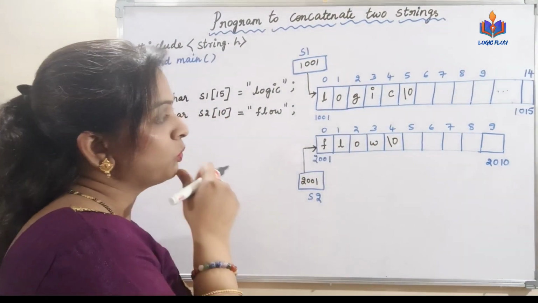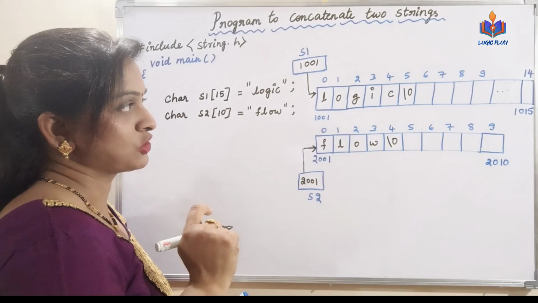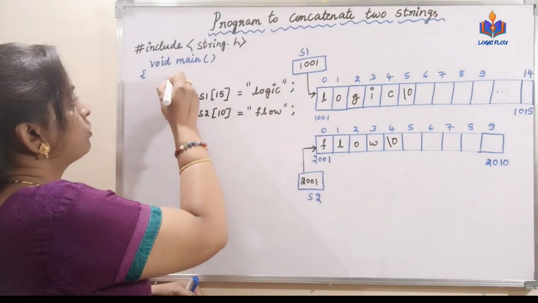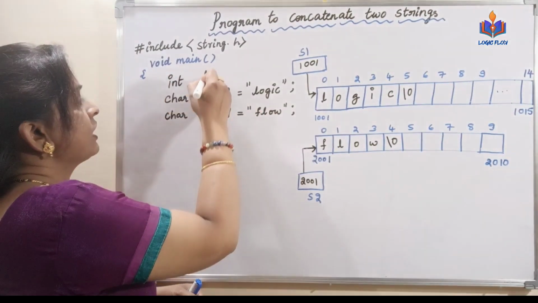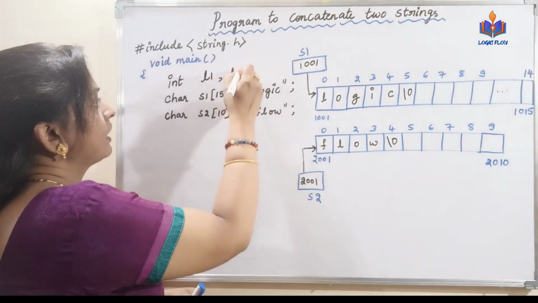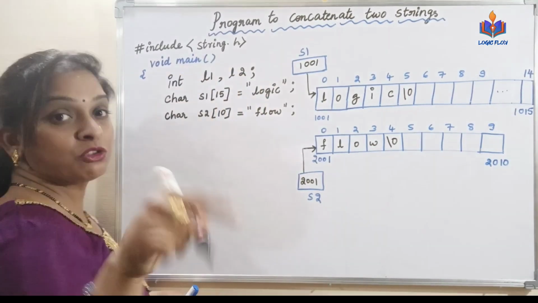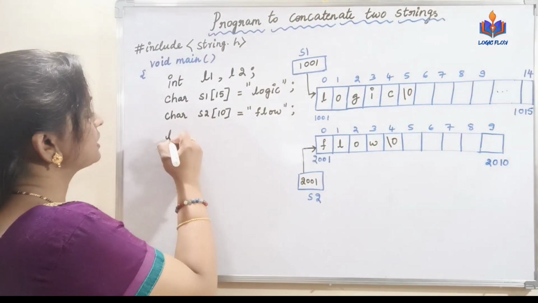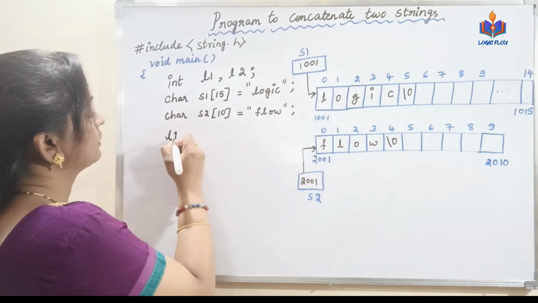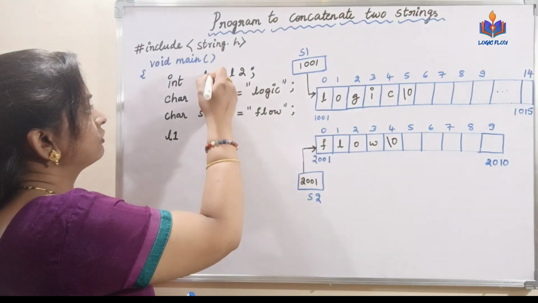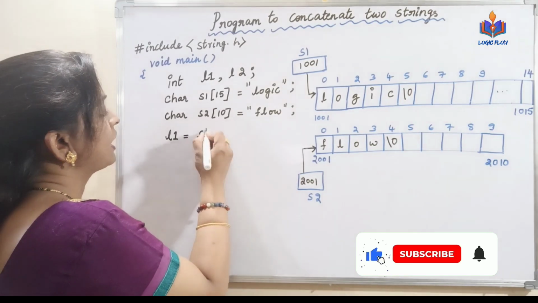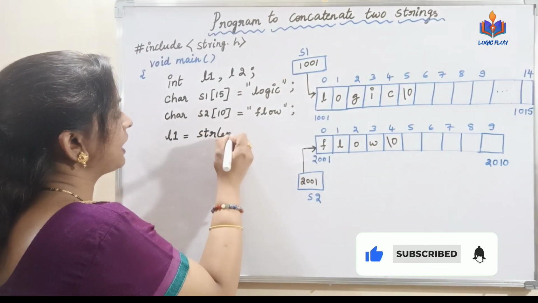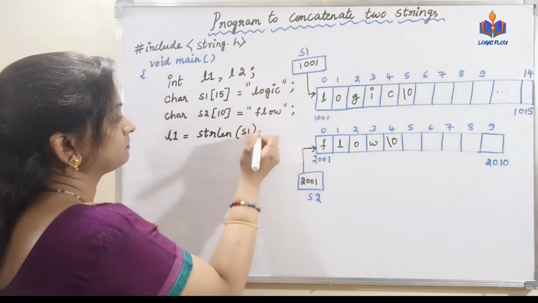First of all, I need to find the length of the string. So let me have two variables, L1 and L2, and use the string length function. L1 equal to strlen of S1.